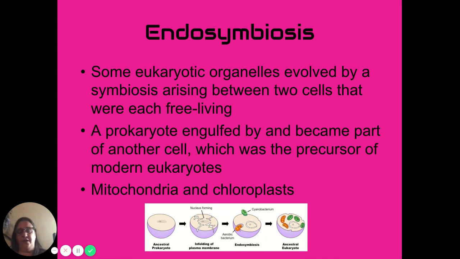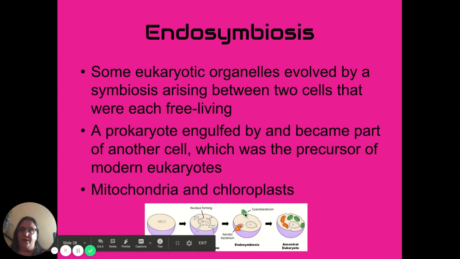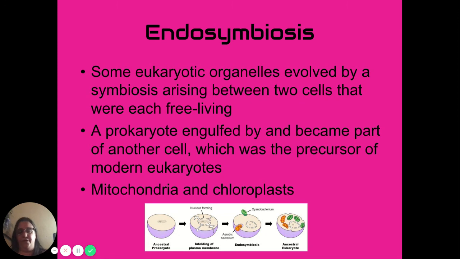And eventually, through time, as these aerobic bacteria and the cyanobacteria were inside the cell, and they started to replicate and make more mitochondria, more chloroplasts, and it became the first eukaryotic cell, okay, with a nucleus forming from folds that were created in the cell as these other organisms were moving in.